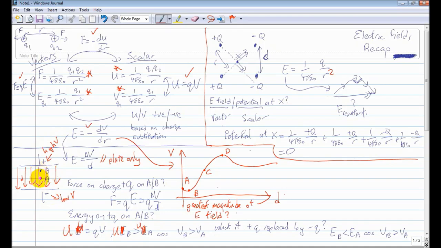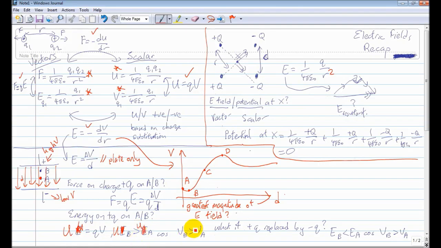So B is clearly higher potential than A, because my potential is dropping all the way until I hit the negative side. So when I multiply VB, which is a higher value than VA, by the same Q, then obviously the energy due to B must be greater than energy due to A, for a positive charge.